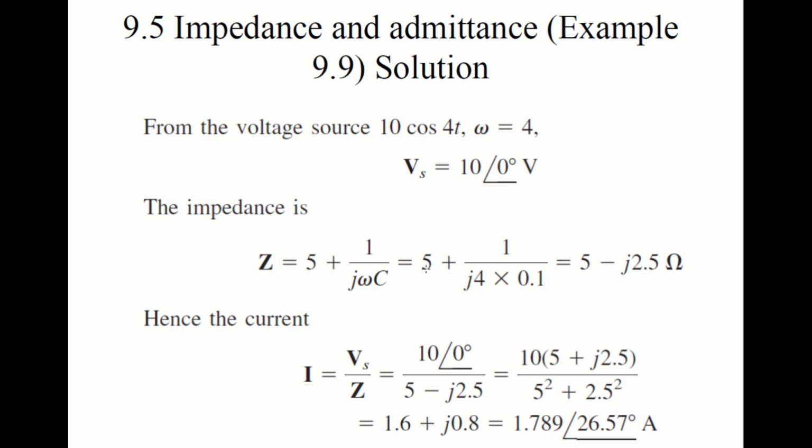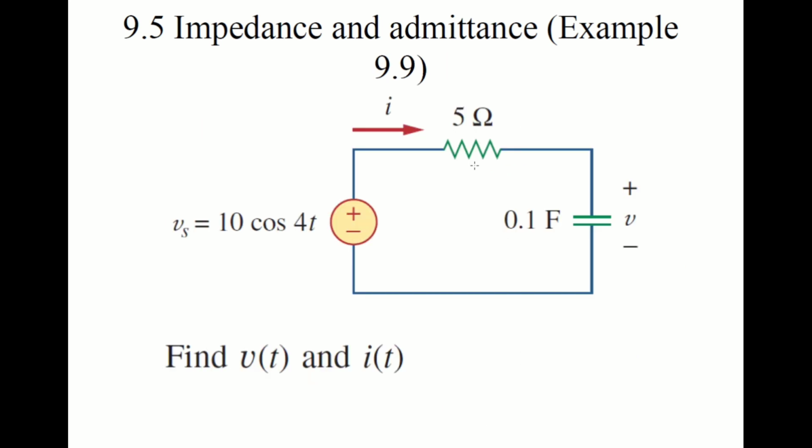So what do we need to do first? The first thing, you change the voltage source from time domain representation to phasor domain representation. So you get Vs equal to 10 at 0 degree phasor. After that, we need to find the total impedance of the circuit. The total impedance means we need to add up the resistor value and also the capacitor value.